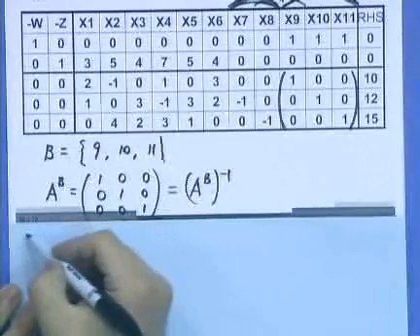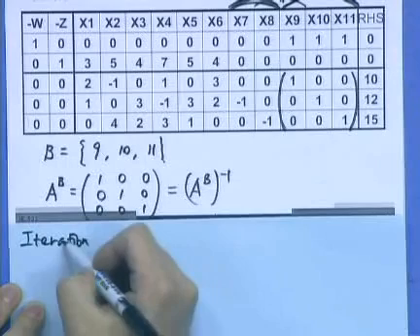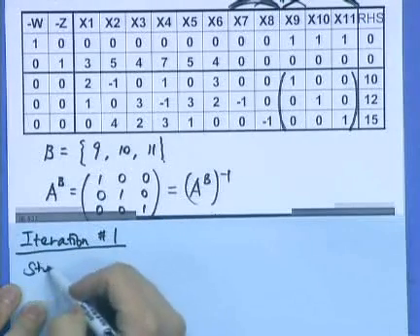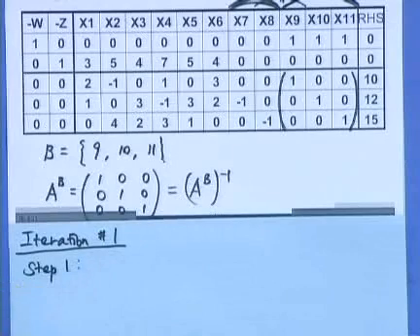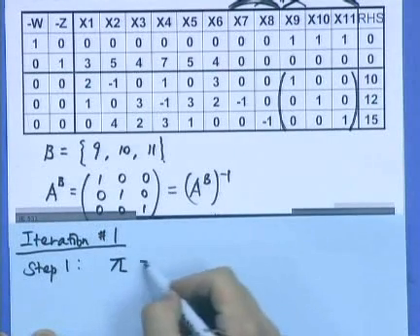So let me write down iteration number 1 and step number 1. What is our first step? Compute the simplex multiplier vector, which is pi, right?